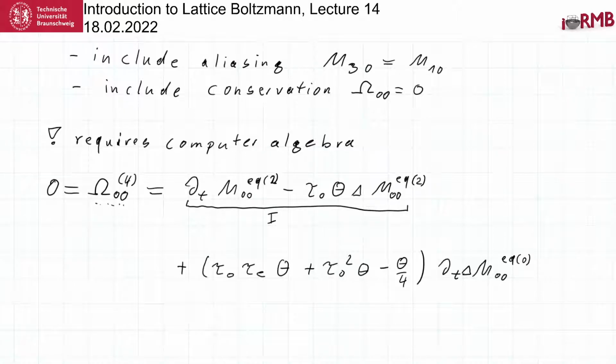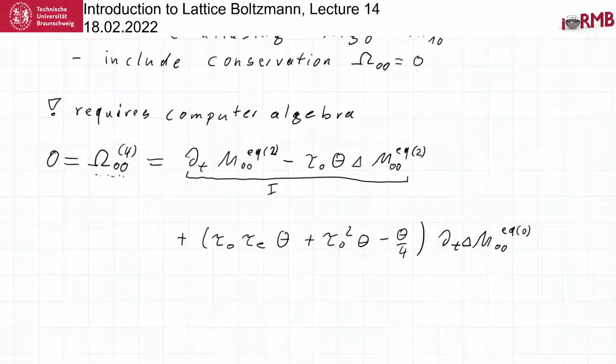So this is the time derivative of the spatial derivative of m0, 0 equilibrium 0. So I just discovered a mistake in my notes. So I hope there are no further mistakes. So this is a derivative in space and in time. And this we call term 2.